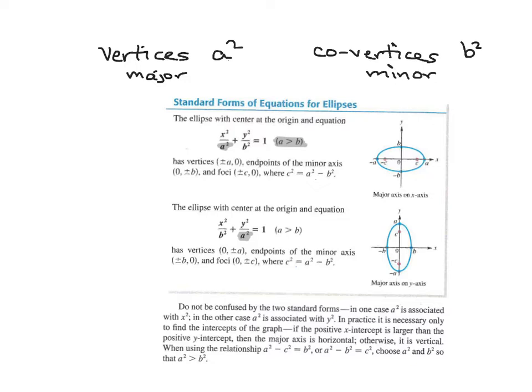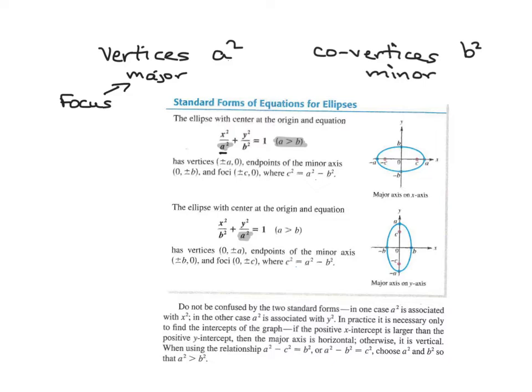The focus points, and we're going to be calculating the foci, are always going to be on the major axis. And again, the major axis is whichever letter has the bigger number under it. So if x squared has the larger number, the major axis is the x-axis, and it would be horizontal.